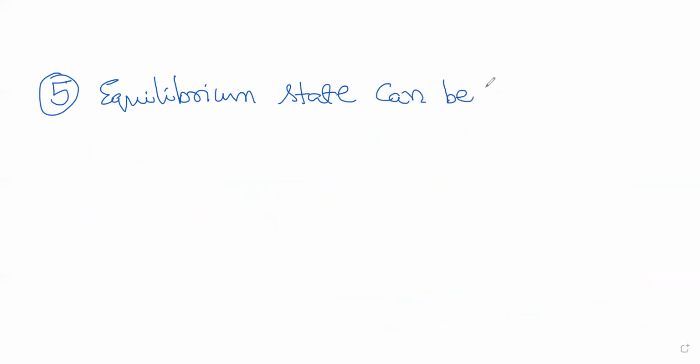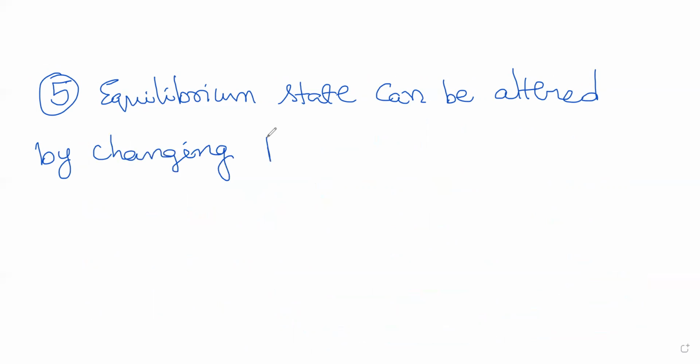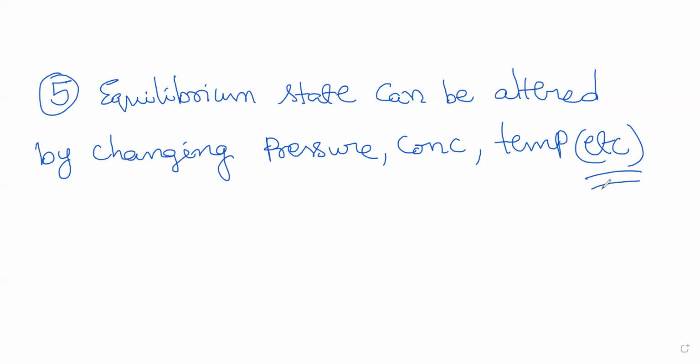How do you alter the equilibrium state? So the question is, how do you alter the equilibrium state? Equilibrium state can be altered by changing pressure, concentration, temperature, etc. It is possible by doing these things.